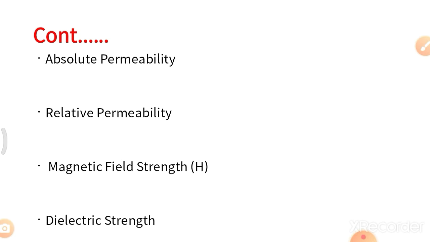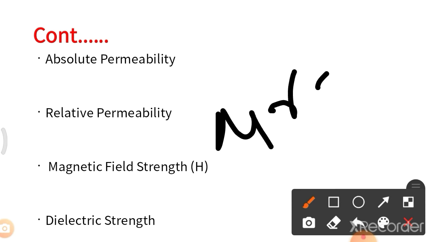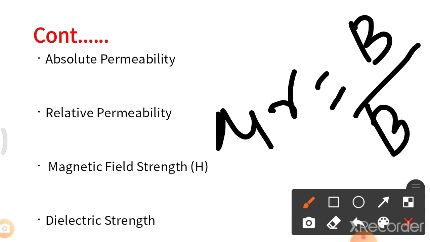Mathematically, it is denoted by letter mu r, and mu r is equal to B divided by B0. That is flux density produced in a particular medium divided by flux density in a free space. The relative permeability is a dimensionless quantity.